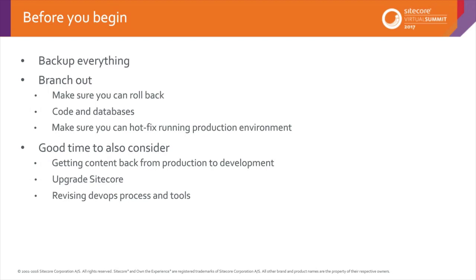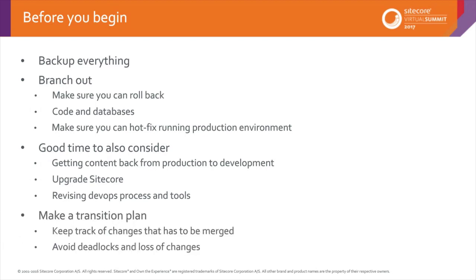And if you are on 8.2x, then you might as well upgrade to 8.2 latest, because this is not really dangerous. And since you make a snapshot of your current environment, this is a good time to also upgrade Sitecore. It's also a good time to revise your development operation process and your tooling if this could need some tender care.